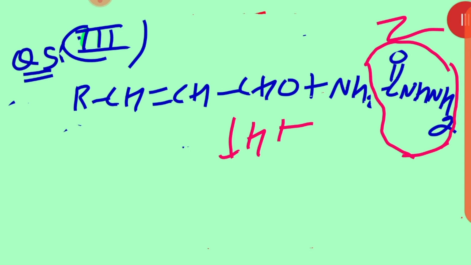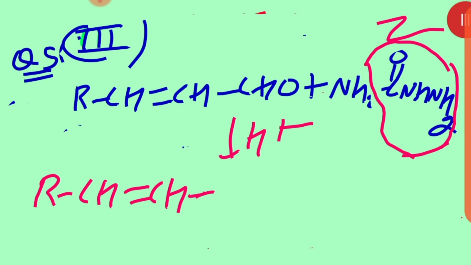Okay, what we are going to make over there in this case, see, R CH double bond CH will remain as it is. Then after that बेटा आपको पता ही है क्या आएगा इसके बाद, CH double bond CH.